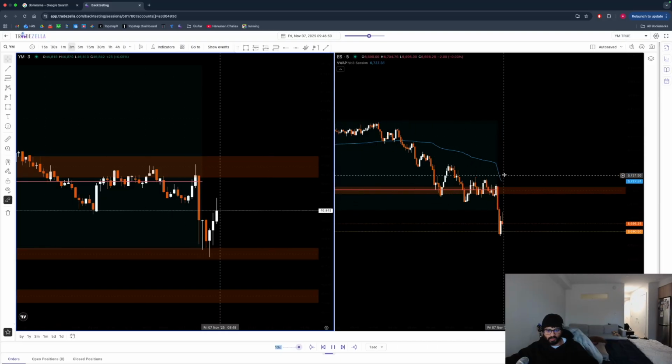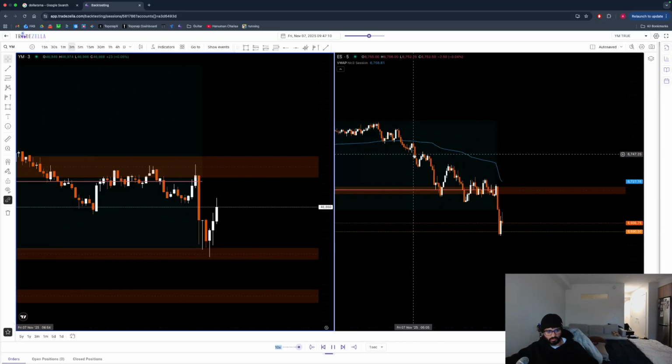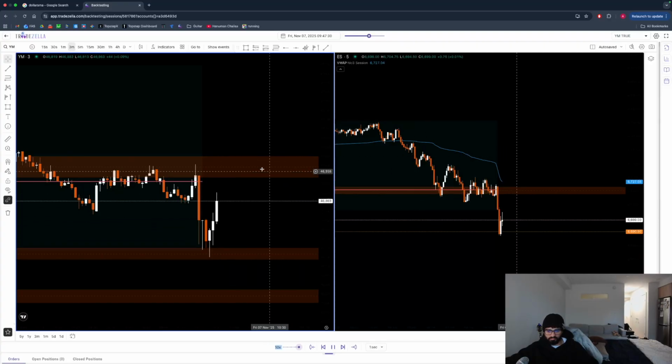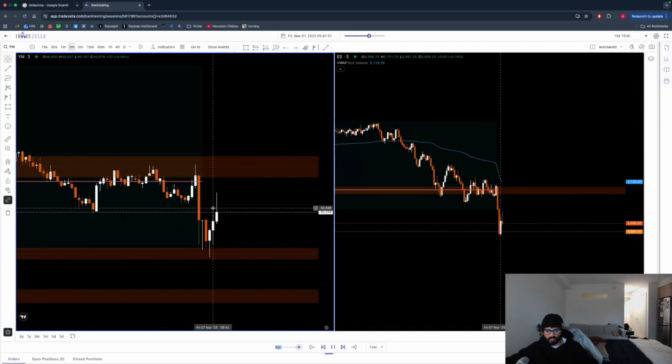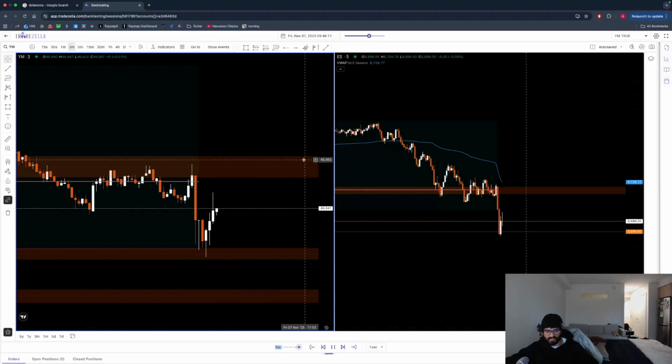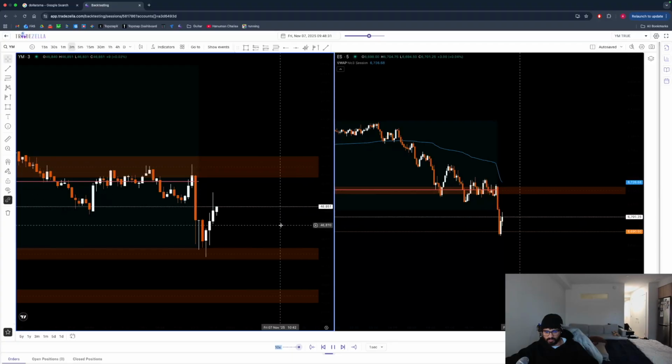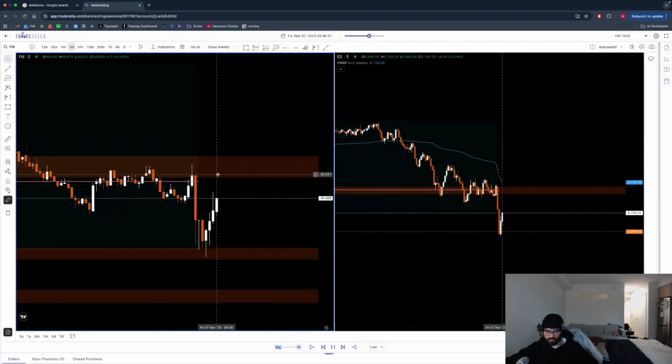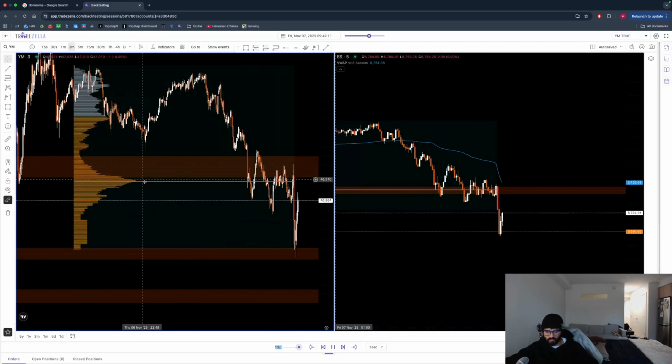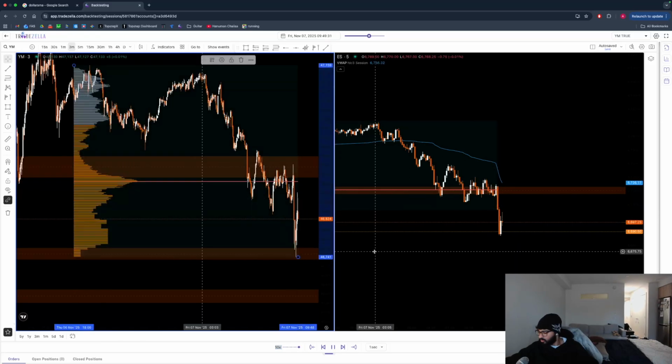There's a bunch of LR here if I'm going to go for a reversal, but YM is looking a lot stronger than ES in that respect. Let's see. This is a point of reversal.